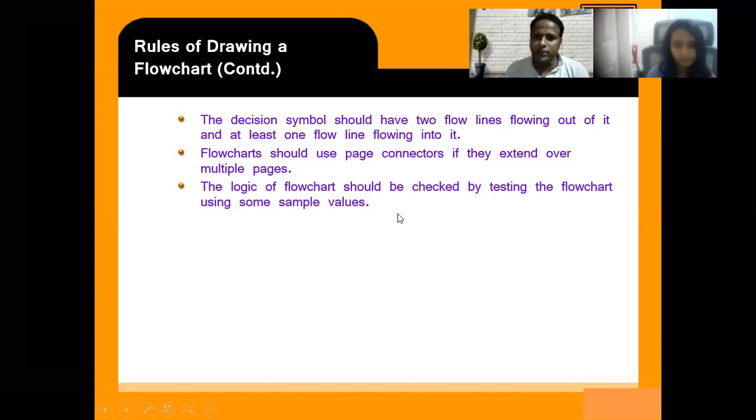So after drawing the flowchart, you have to check whether your logic is correct or not. For checking that, we use some kind of sample value. By taking sample values, you check whether your flowchart is correct or not. Clear? Yes, clear.